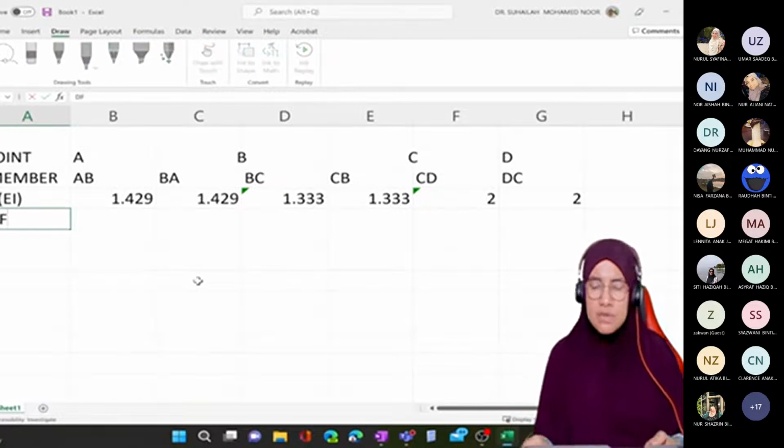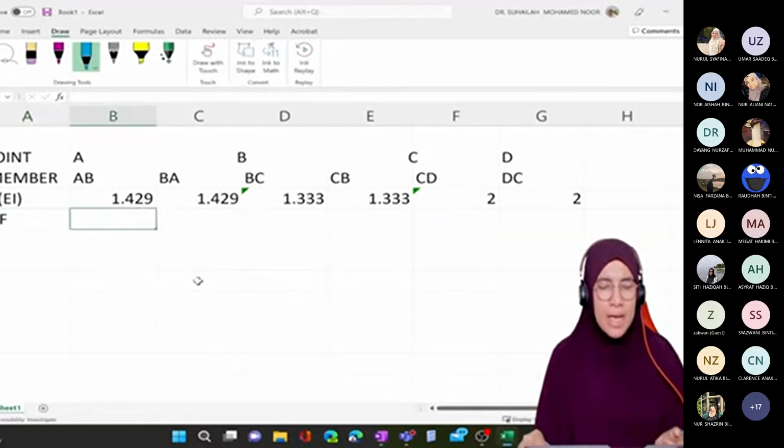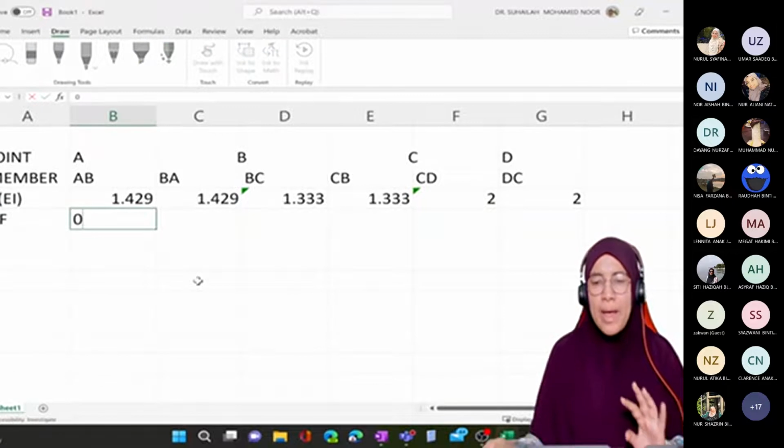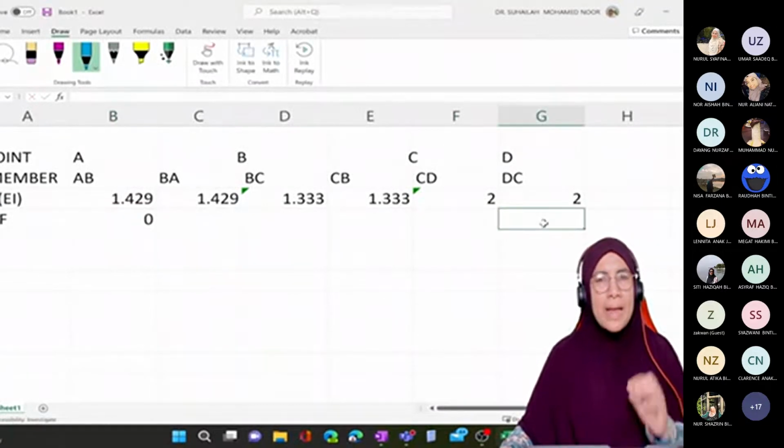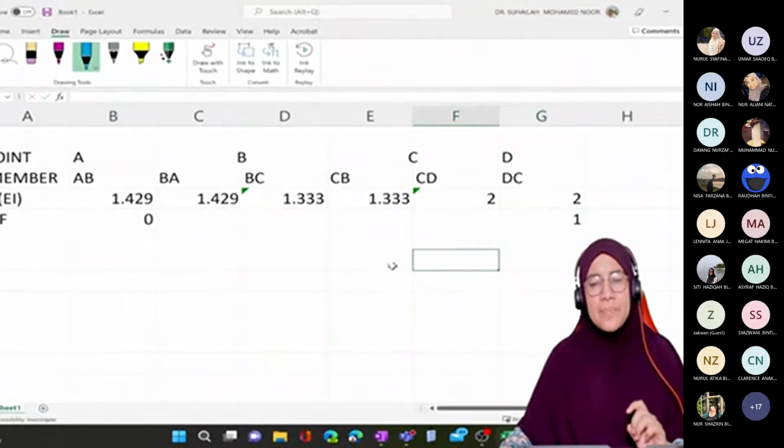Distribution factor for far N fixed is 0, and for far N pin is 1.